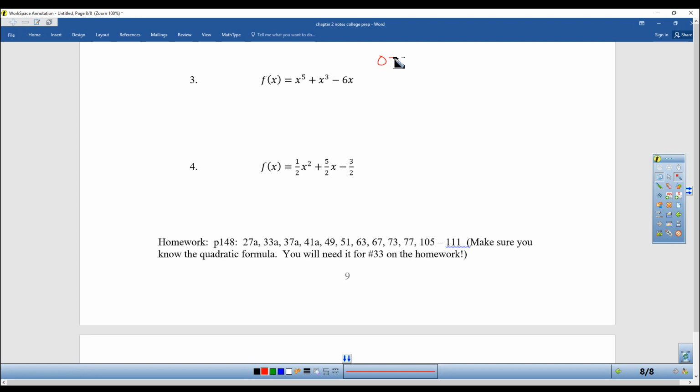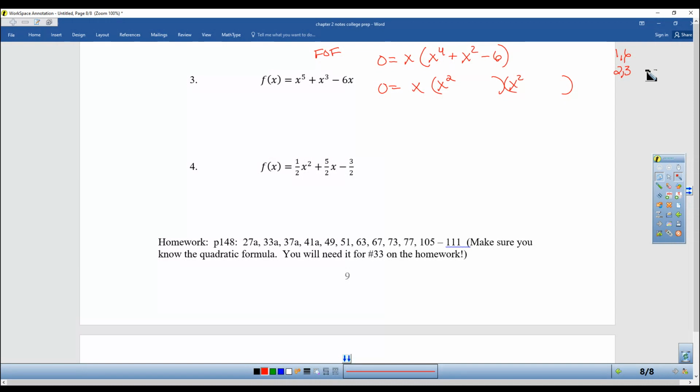I set the equation equal to 0 to find the zeros, and I factor out first. I can take out an x, which leaves me with x to the 4th plus x squared minus 6. I'm going to break that down into an x squared and an x squared because I look to the inners and outers and see that there's an x squared there. 6 could be 1 and 6 or 2 and 3.